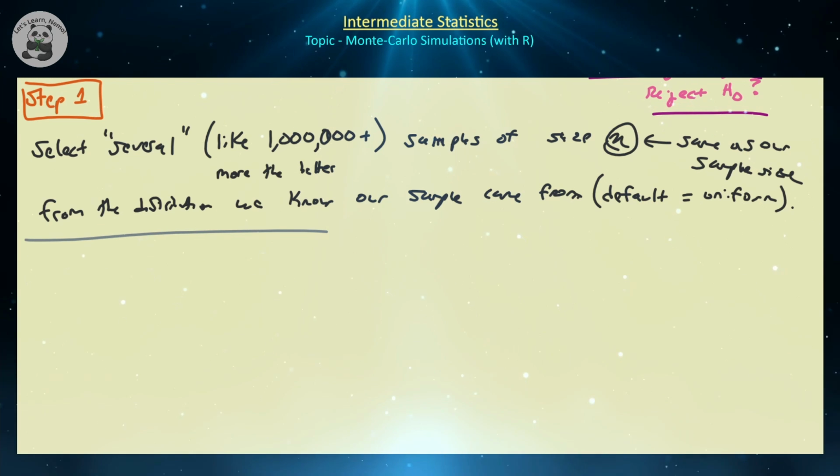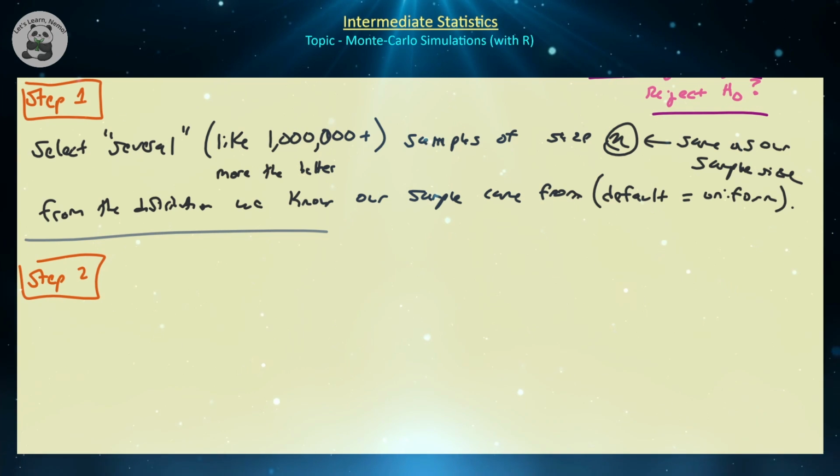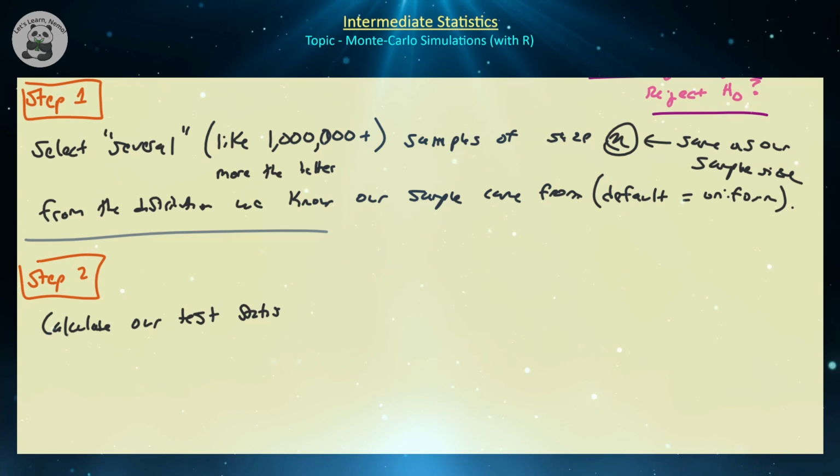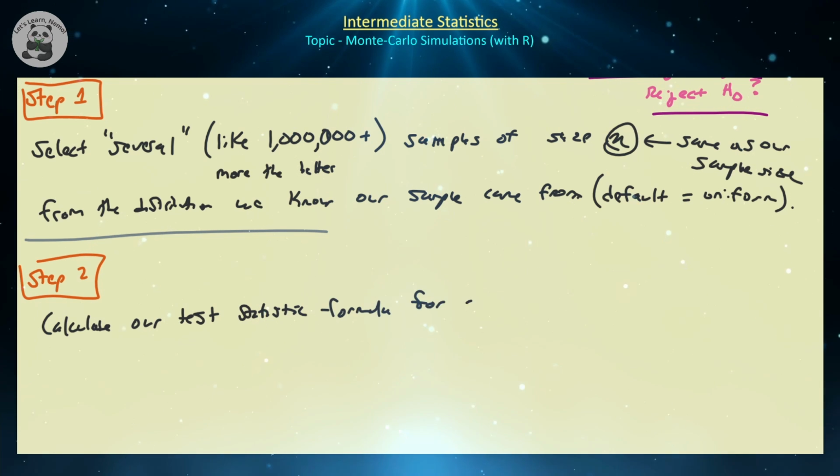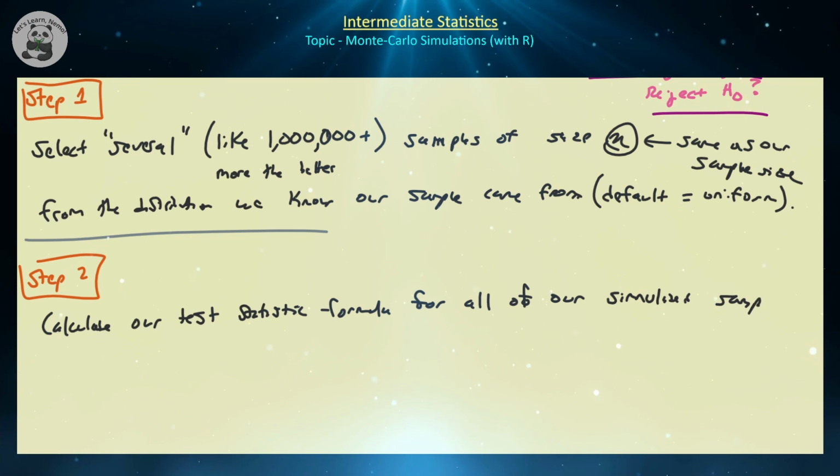So that's step 1. Step 2 is to calculate our test statistic formula for all of our simulated samples. Right?